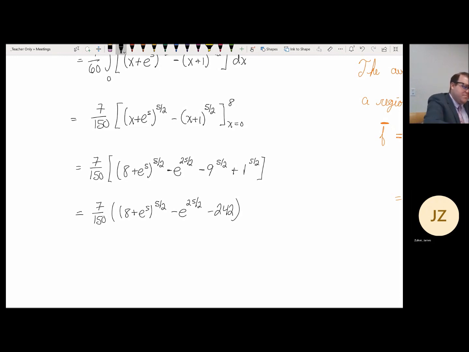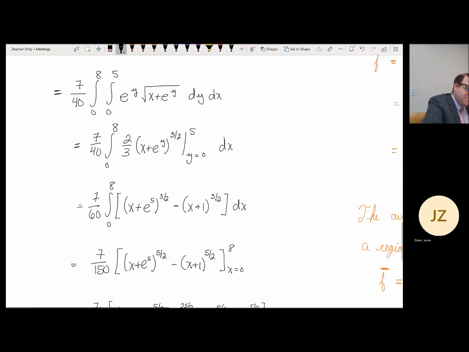Can you just refresh me on how you got from step one to step two? So what's the partial of x plus e to the y with respect to y?